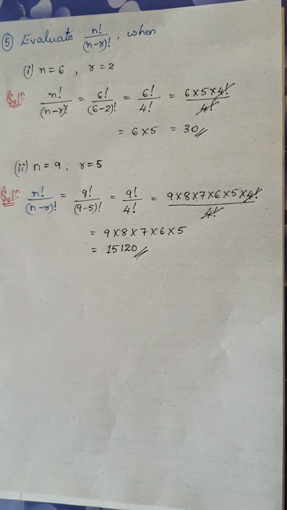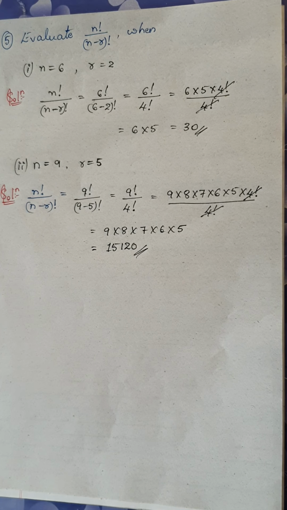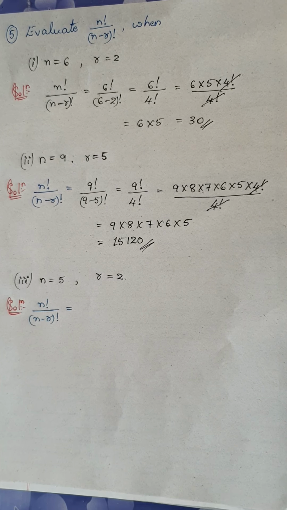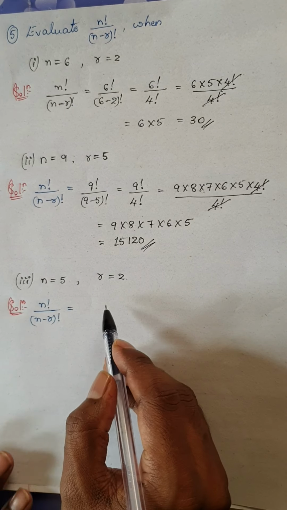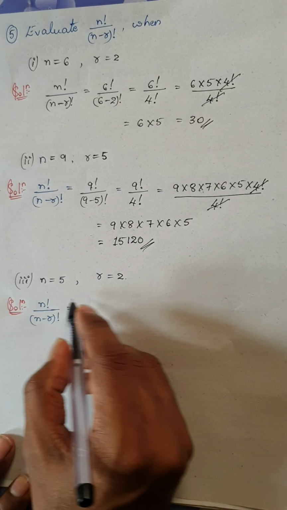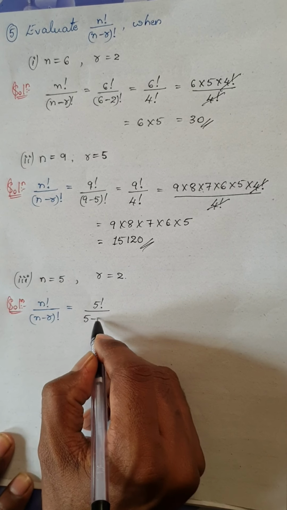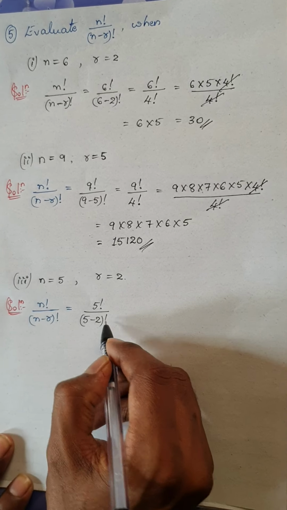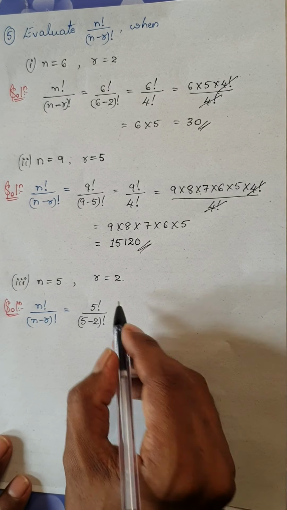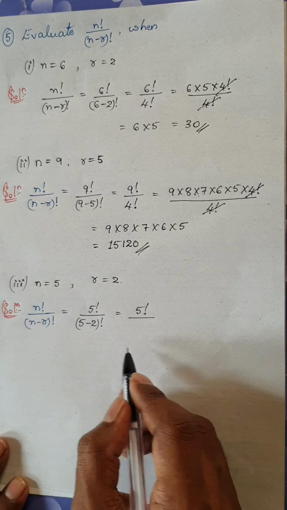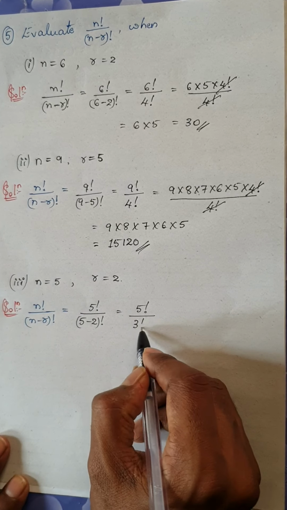There is one more case for the same question. In the third case, n is equal to 5, r is equal to 2. Applying it here, n factorial is 5 factorial, and (n minus r) factorial is (5 minus 2) factorial. So this gives me 5 factorial divided by 3 factorial.